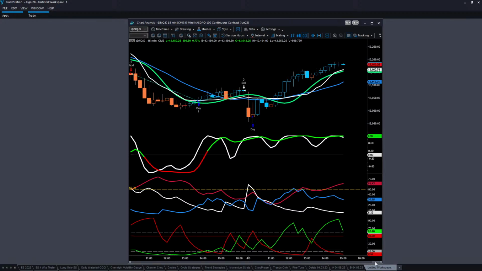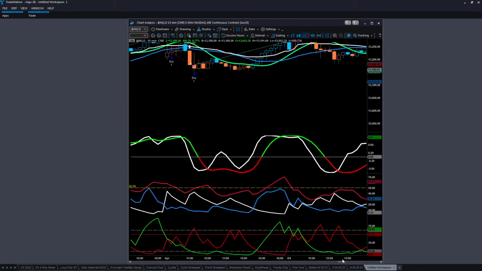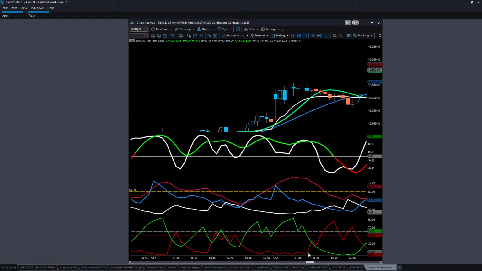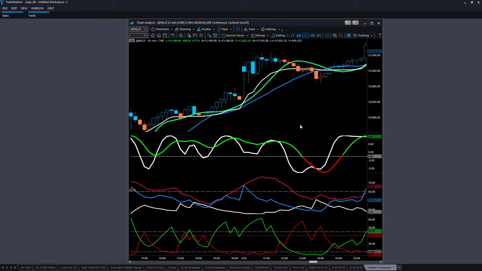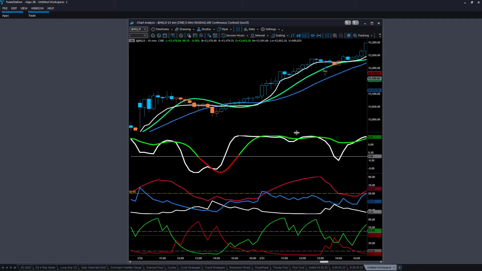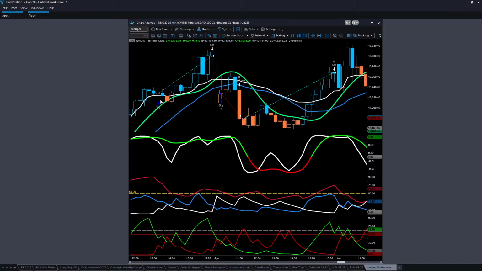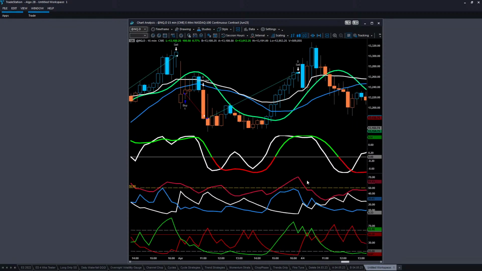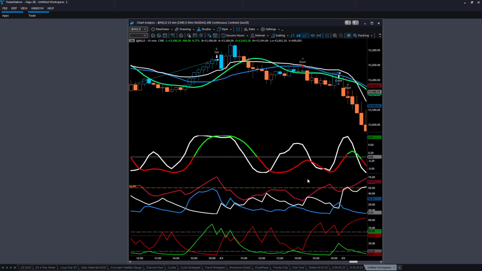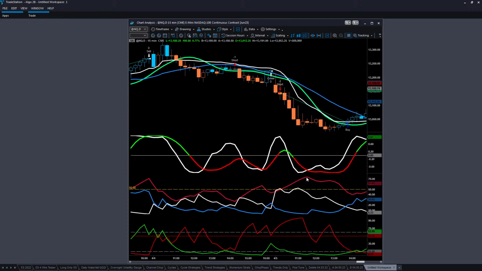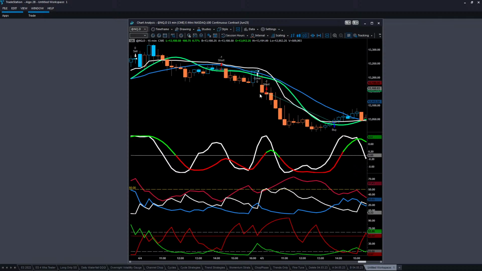The strategies actually performed really well over the last several days. Had a winner there, a loser, had a nice winner right there, and this was a scratch.